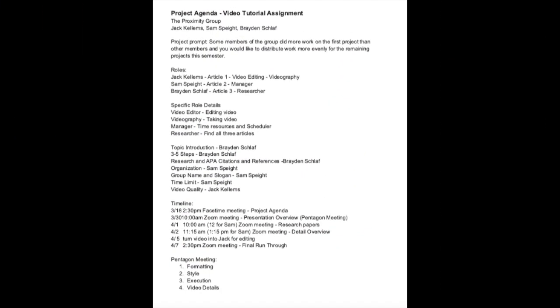Okay, so here's our project agenda, and like I said earlier, it has all our tasks and roles as well as due dates for when we will be meeting and what we will be discussing for that particular meeting. This is really helpful to keep everyone organized and to have a pre-planned schedule.